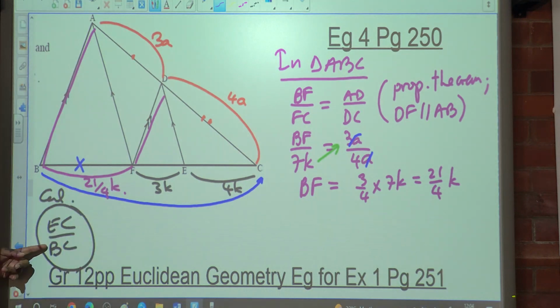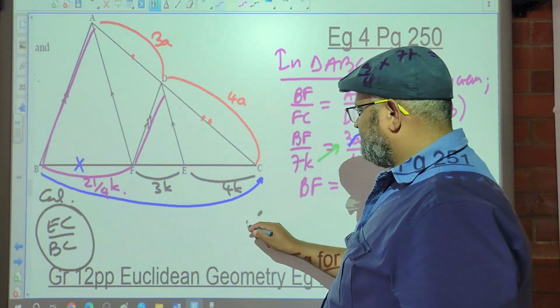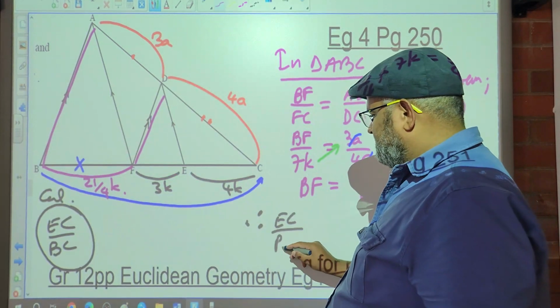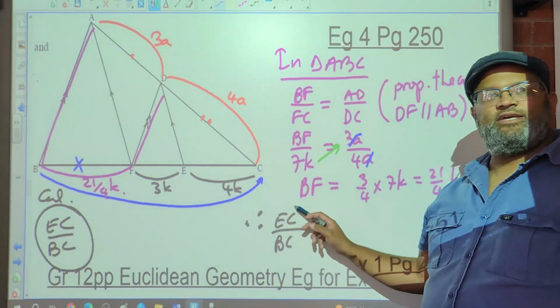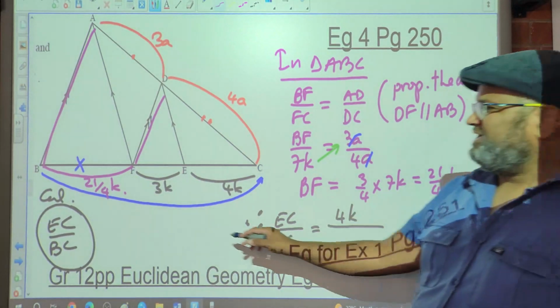So is it enough to conclude this part here? Yes. You can say therefore EC over BC is equal to, so what's the length of EC? 4K over BC.